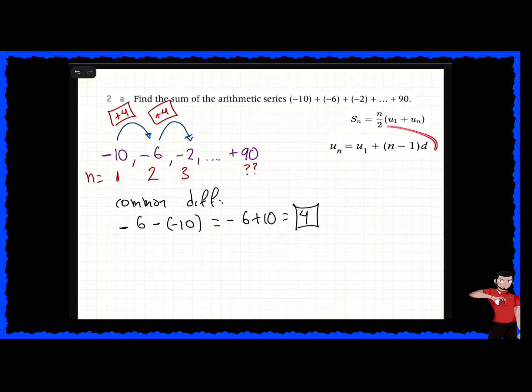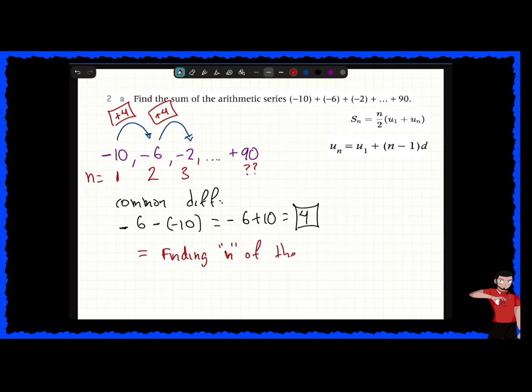Again, this one, but now we are going to use it to find the position, n. n is the position of the number 90, because it's the last position, and we are going to use this position here.